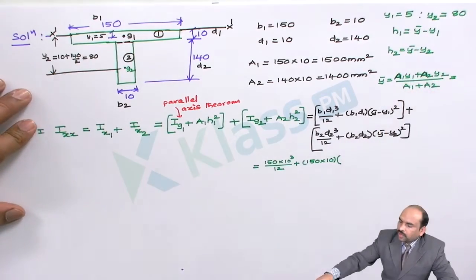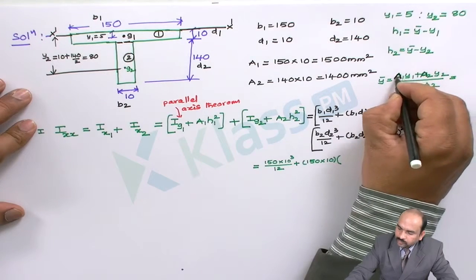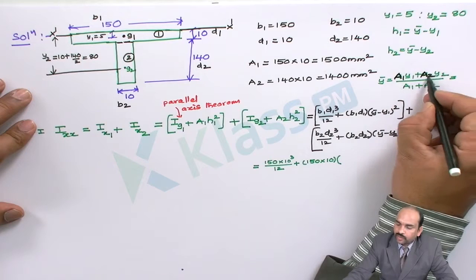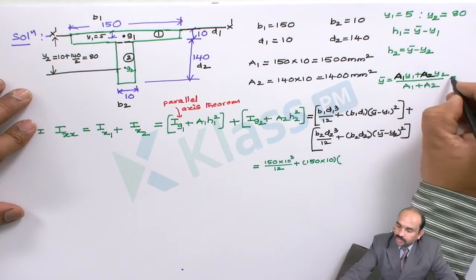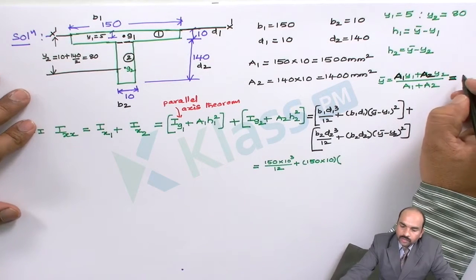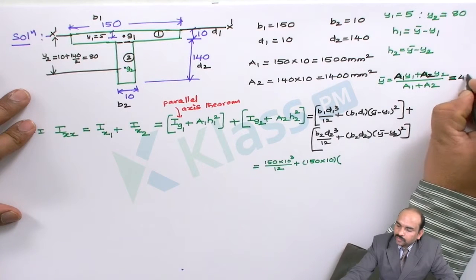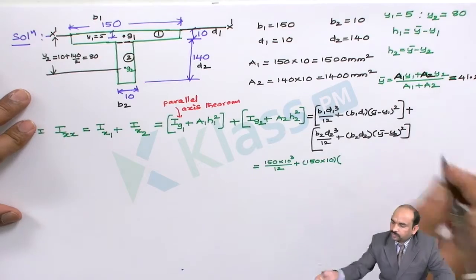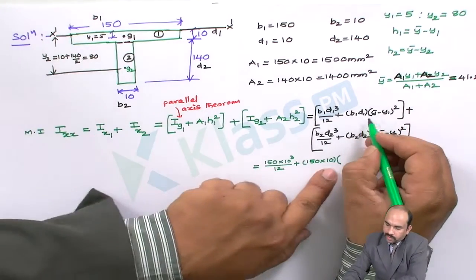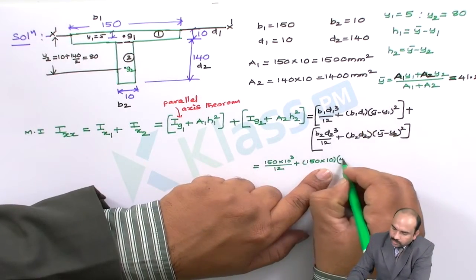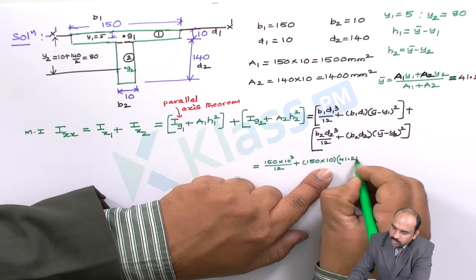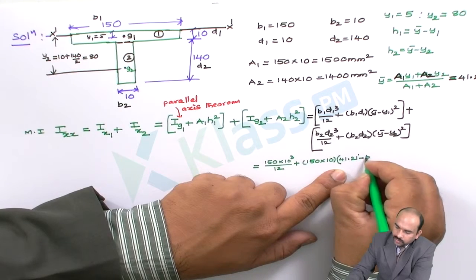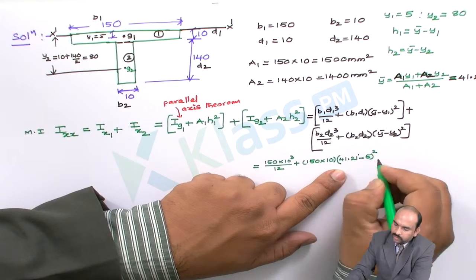Substituting the areas A1, A2 and y1, y2 into A1 y1 plus A2 y2 by A1 plus A2, we get the y bar value as 41.21 mm. So in this, y bar is 41.21 minus y1, that is 5, whole square.